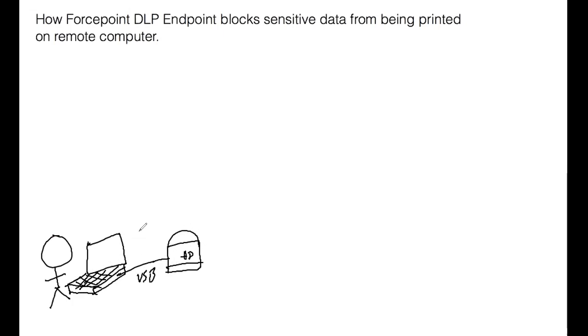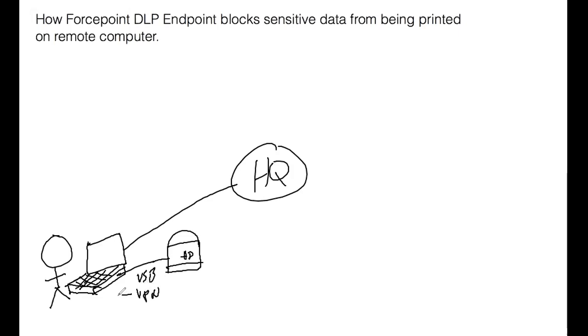And let's say the users are still required to connect to HQ via VPN. Okay. So even in this particular setup or scenario, even if the user is forced to connect to the HQ, if they don't have an endpoint agent installed in here, they will still be able to print data on this printer.